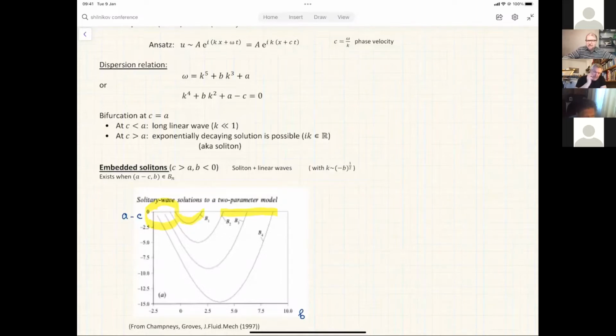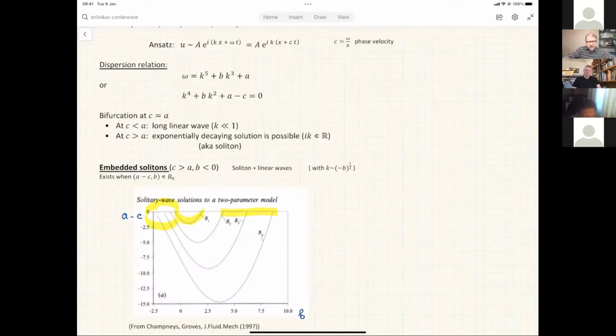So there are some exponentially small phenomena there which are responsible for existence of solitary waves. And that makes computations with ordinary precision impossible. So Champneys and Groves had to leave the continuation in parameter very close to this axis.